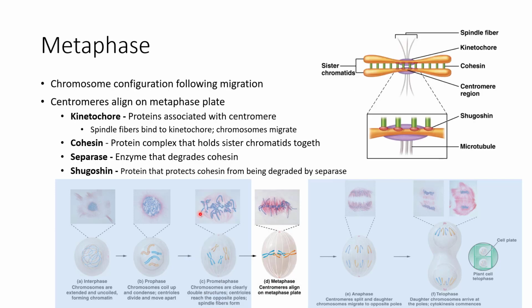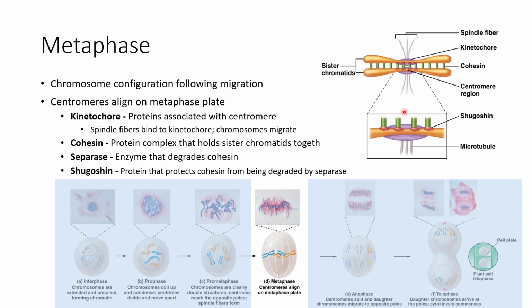That brings us to metaphase. So in metaphase, we now have aligned all of our sister chromatids on the metaphase plate in the middle of the cell. All of the spindle fibers have attached to the kinetochore. And what's the kinetochore? So if we look at our centrosome, okay, so here's the centromere.